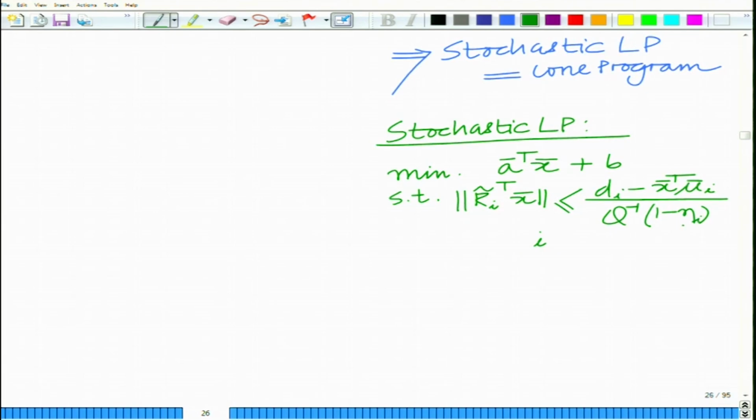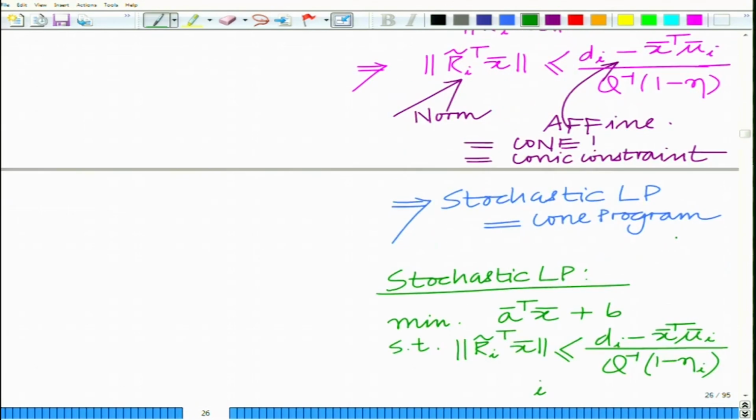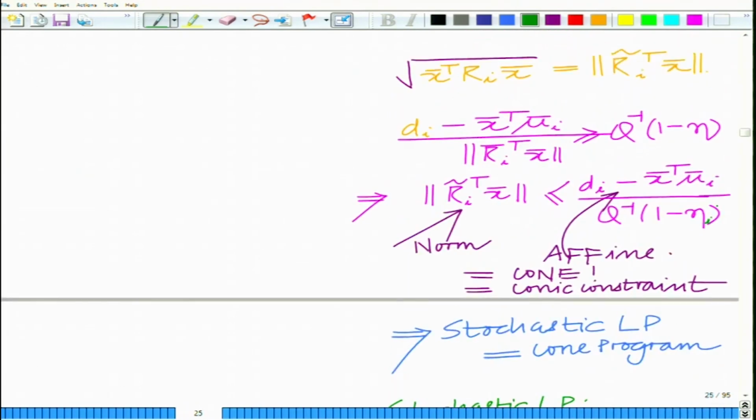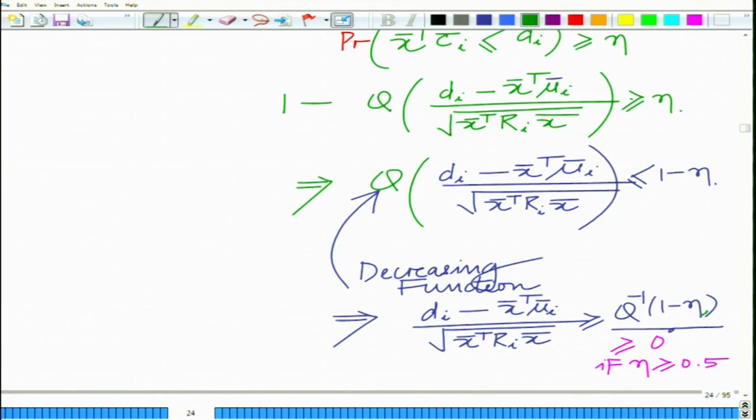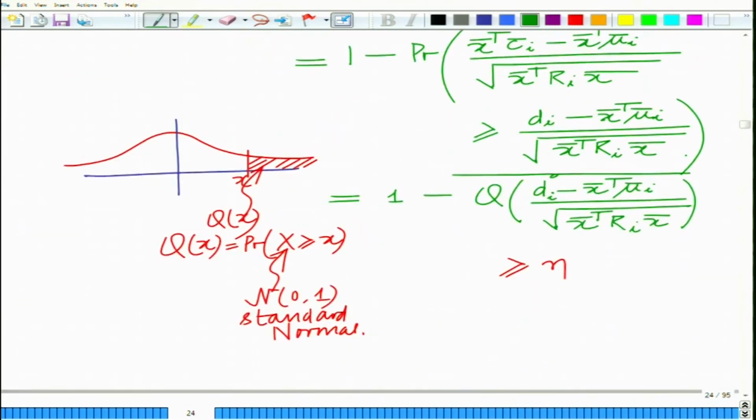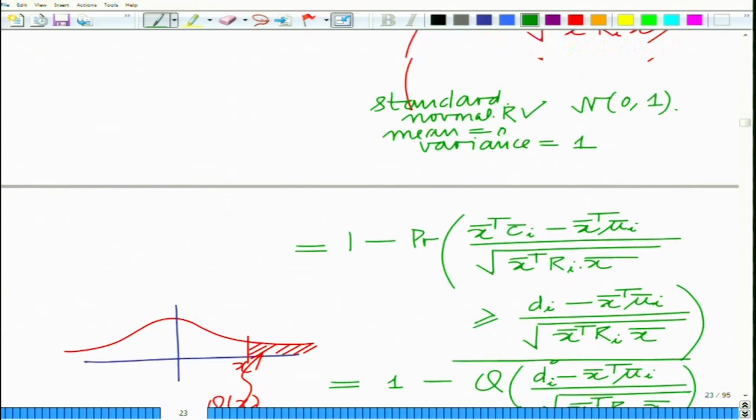In fact, this can be eta_i, it does not really matter. I am just going to correct this over all places. It can be a common eta or it can be eta_i. Okay. You might want different reliabilities for different constraints.